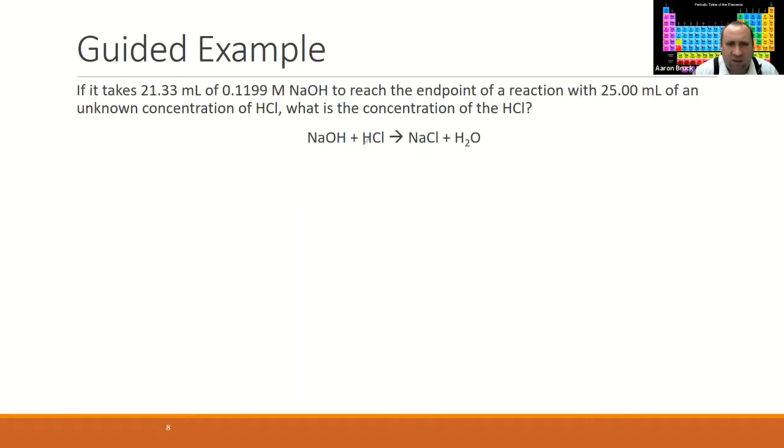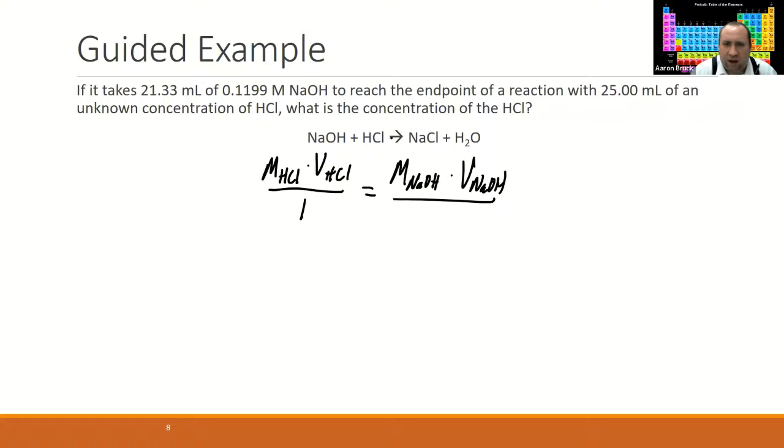Well, we've been given the balanced equation here already, so that part's all okay. We want the molarity of the HCl multiplied by the volume of HCl over 1, the coefficient of HCl, equal to the molarity of the NaOH multiplied by the volume of the NaOH divided by its coefficient, also 1.